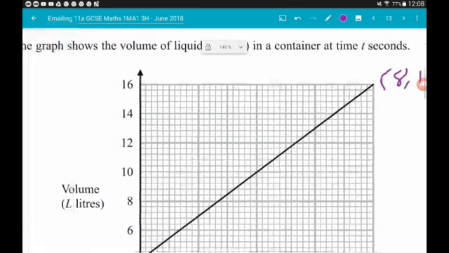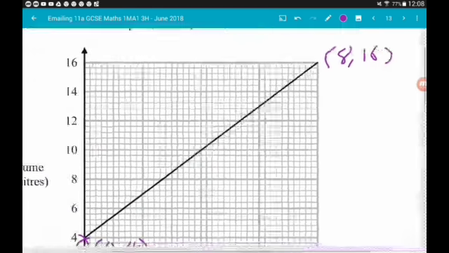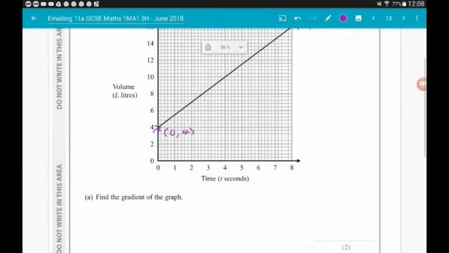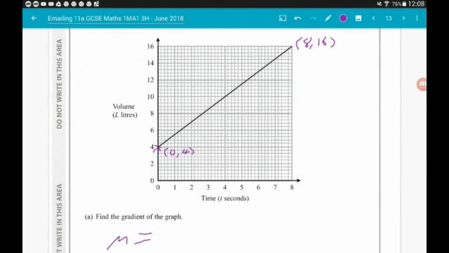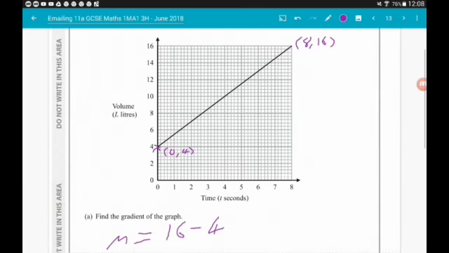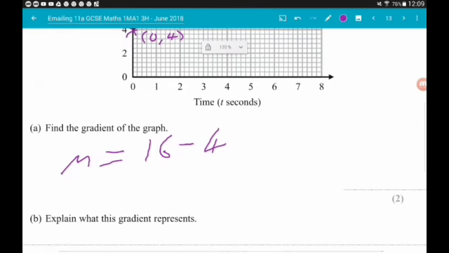Okay, so we got a y value of 16. So the gradient is the difference in y, so 16 minus 4, divided by the difference in x, which is 8 minus 0.